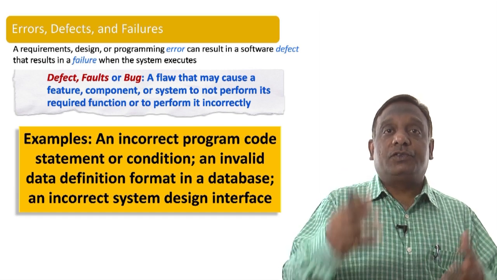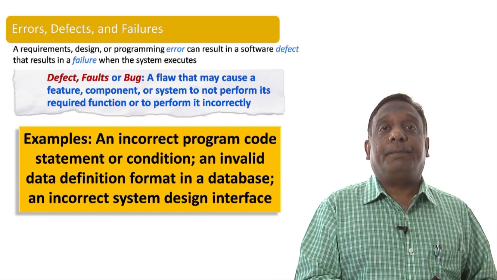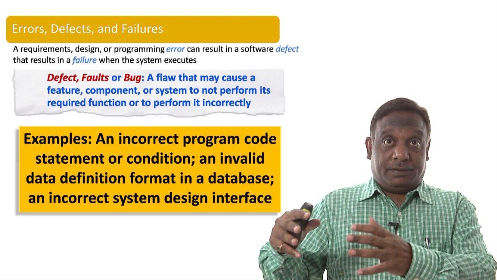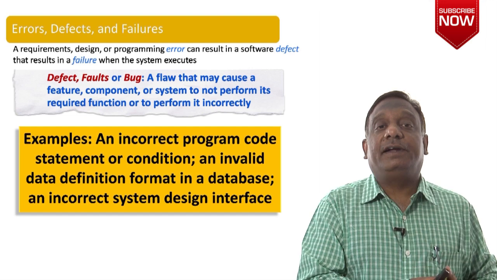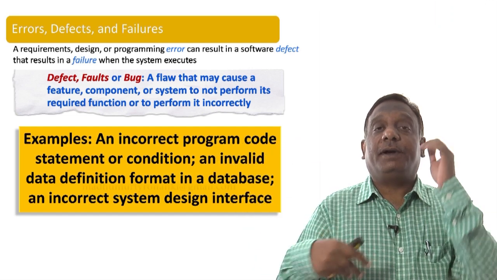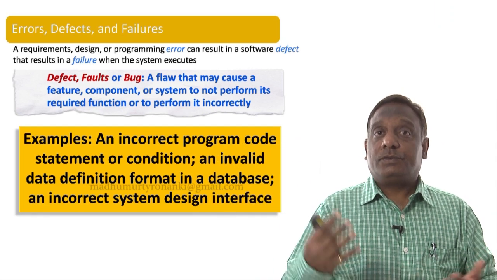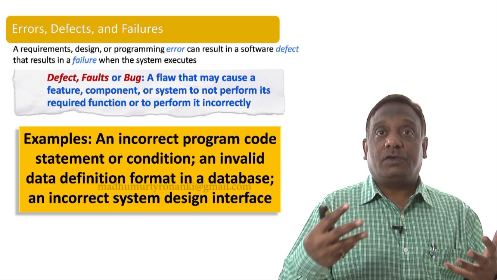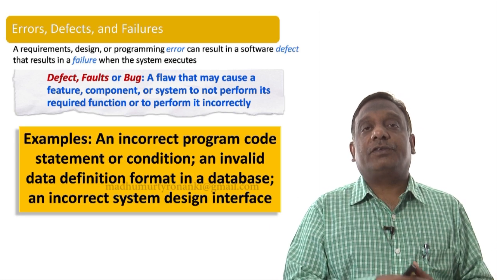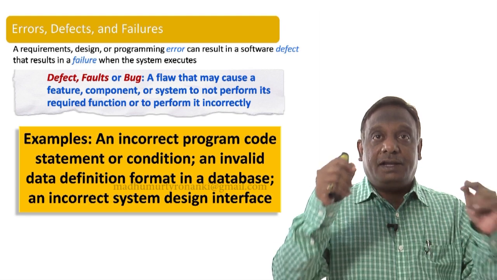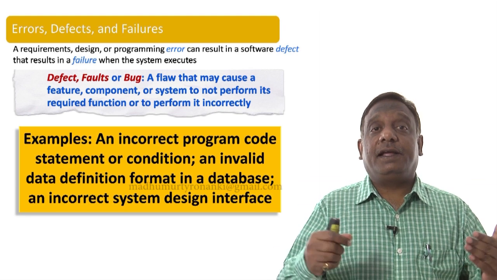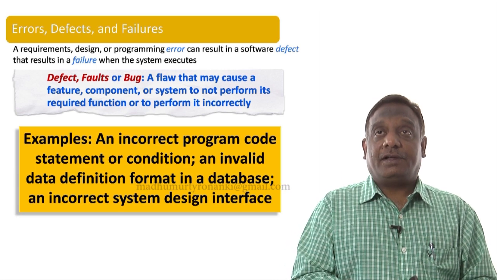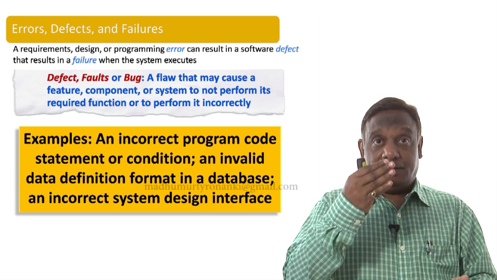So the program is using the data as integers, let's say they have coded it as integers, but in the database the format is defined as alphabetic. So there is a mismatch. This is also a mistake in the process of design, and can lead to a defective situation in the system. So these are typical examples of defects or bugs or faults.